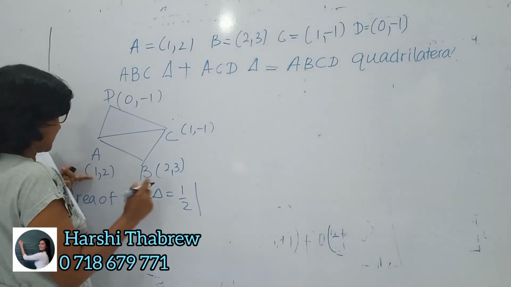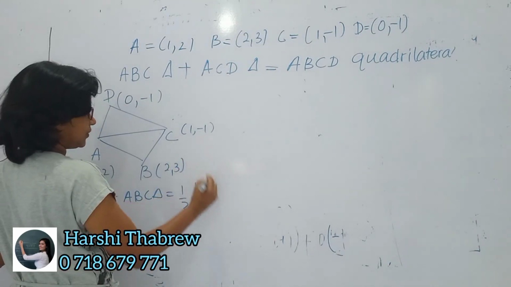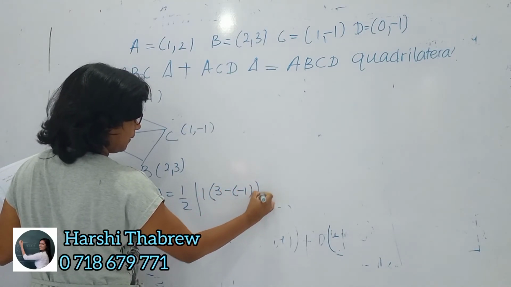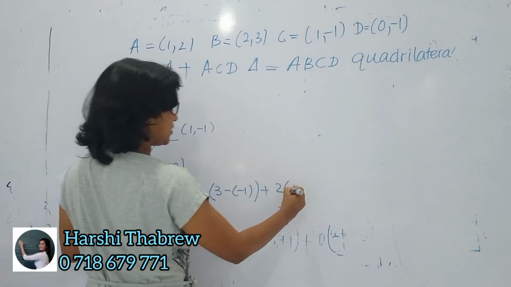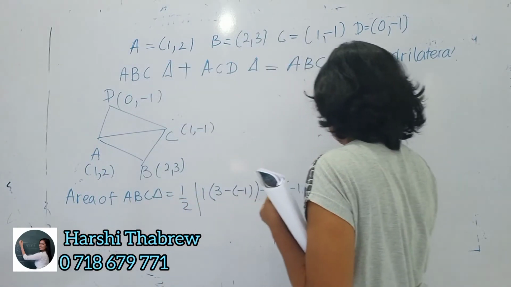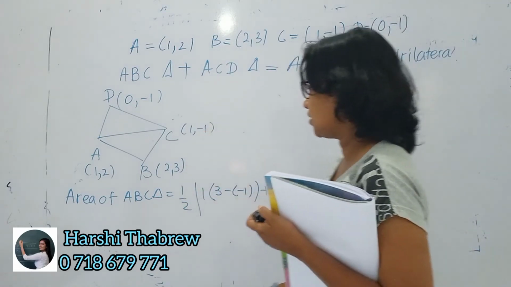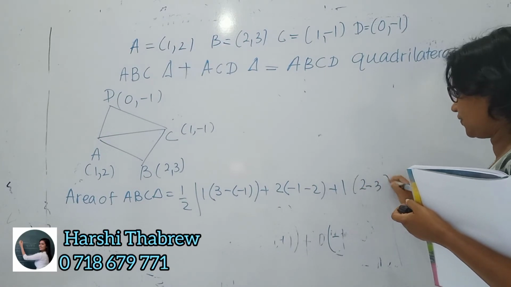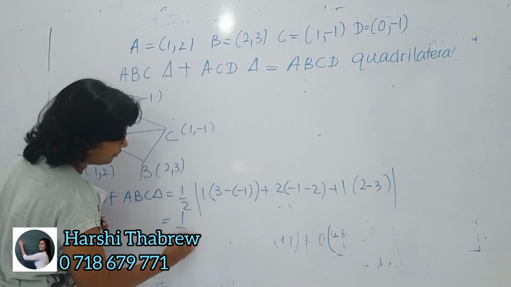Let's take this one as x1: 1 times (3 minus minus 1) plus 2 times (negative 1 minus 2) plus 1 times (2 minus 3).